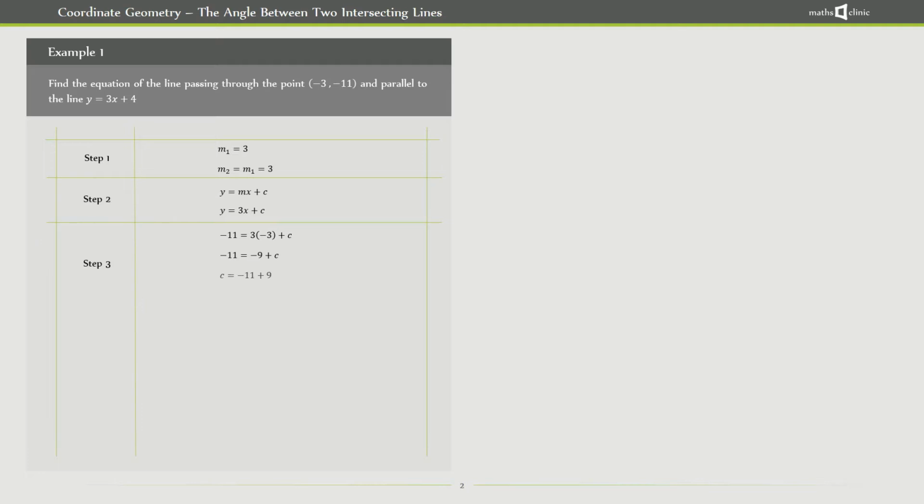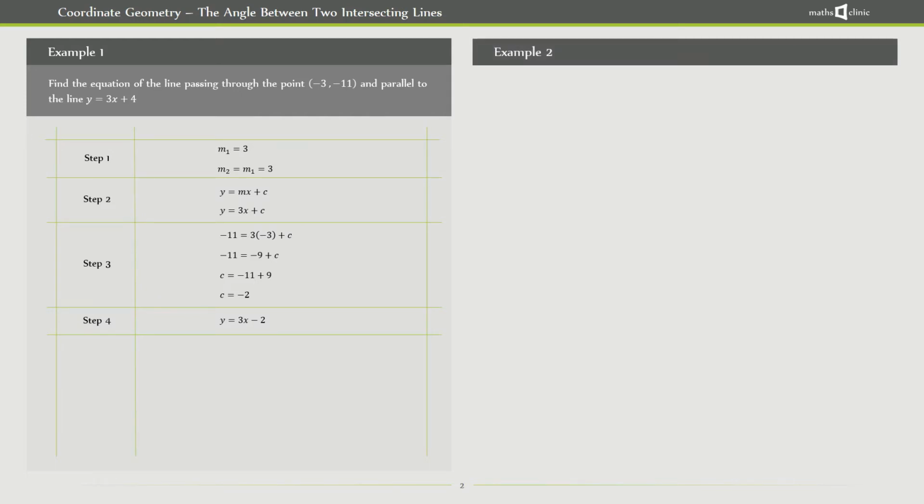Solving that out, we have that c equals minus 2. All that's left to do now is to write out our equation, with m as 3 and c as minus 2: y equals 3x minus 2.